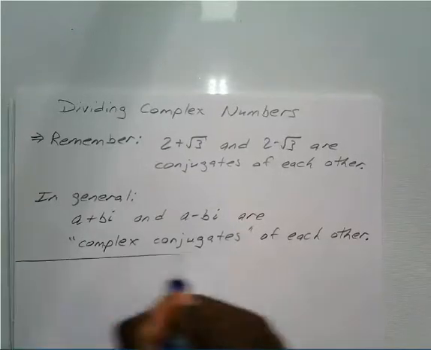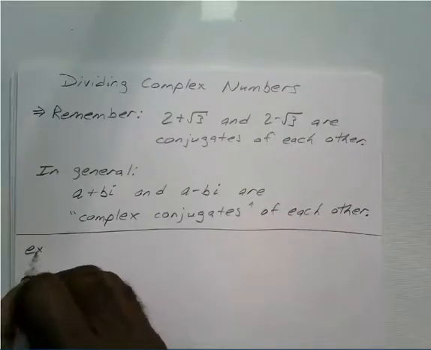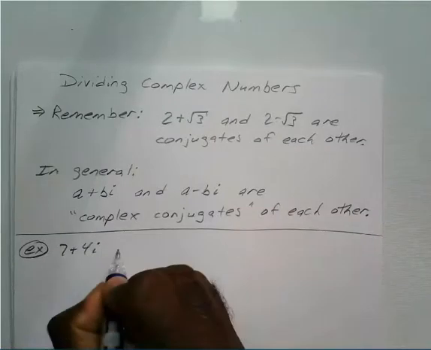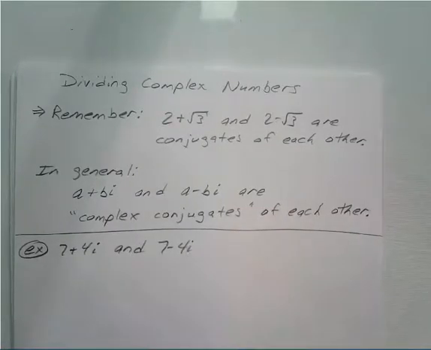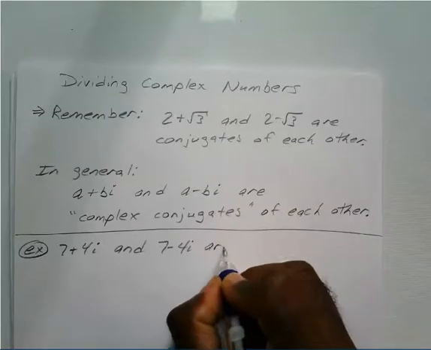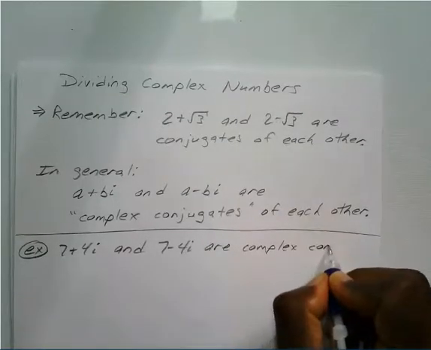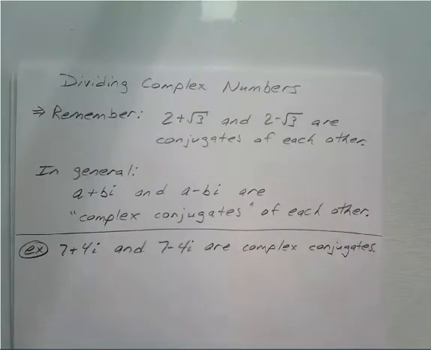So for example, 7 plus 4i and 7 minus 4i are complex conjugates of each other.